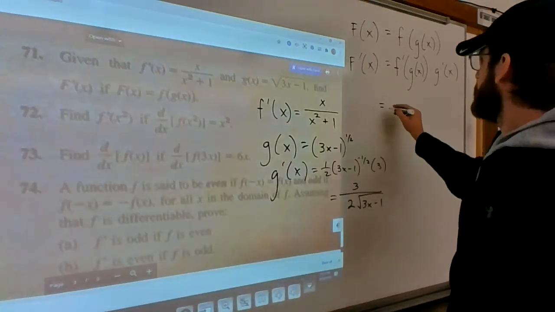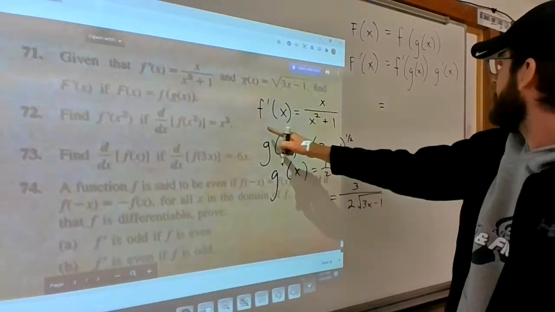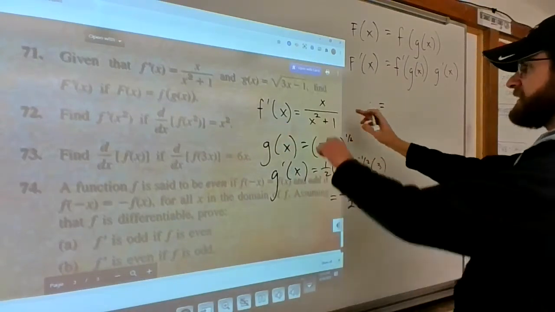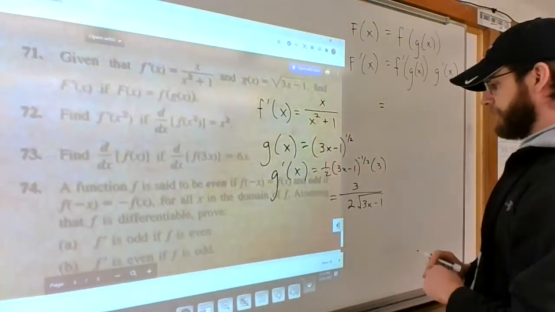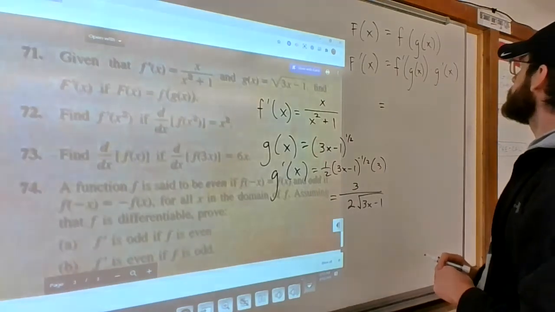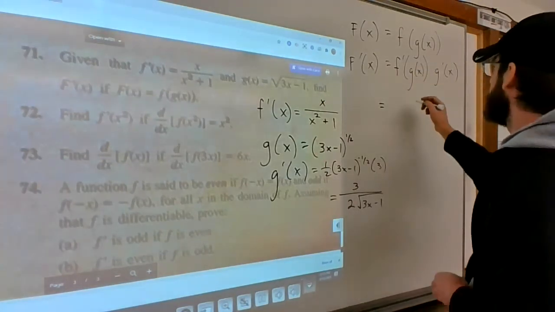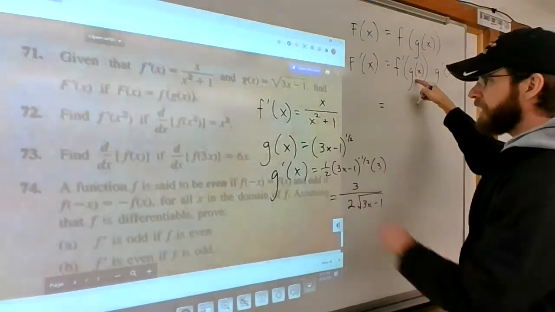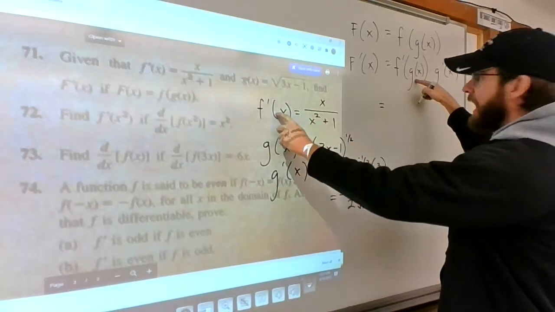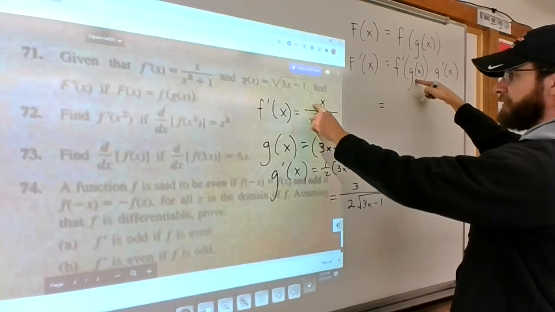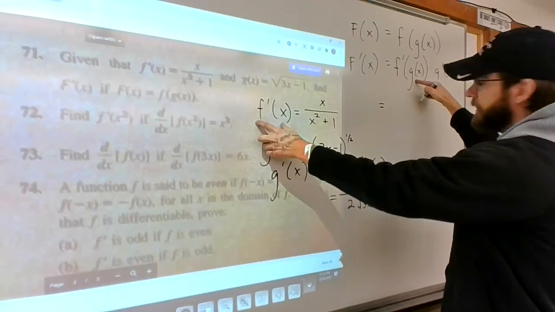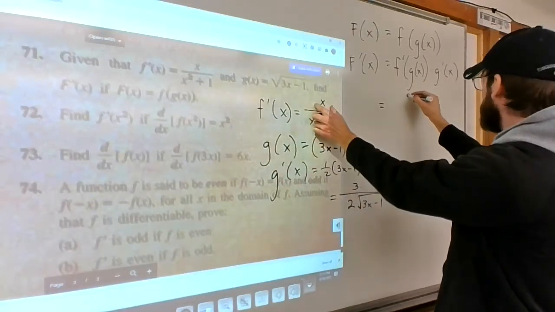All right, so f prime of x, that's like our outermost function here. We're plugging in g of x wherever we see an x. So it's sort of like, take this formula here and put a g of x in place of the x's.